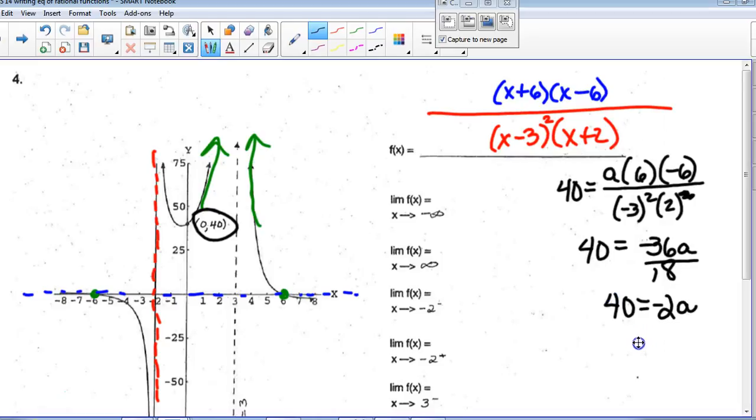Anybody get an A? A equals -2. Oh, no. 20? Yeah, 20. We did get a -2. When we divide, we get 20. There we go. That seems okay.